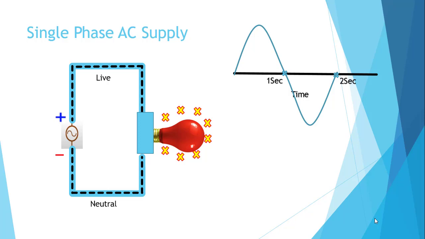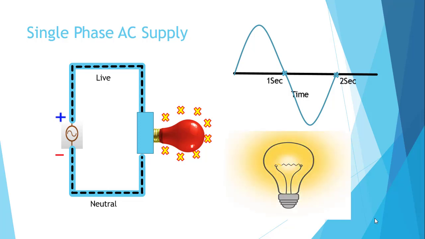What it means is that the current rises from zero to its positive peak, then back to zero and to its negative peak. Thus, there is always a flickering happening in a bulb. However, you don't feel that flickering since it is happening at a very fast pace.